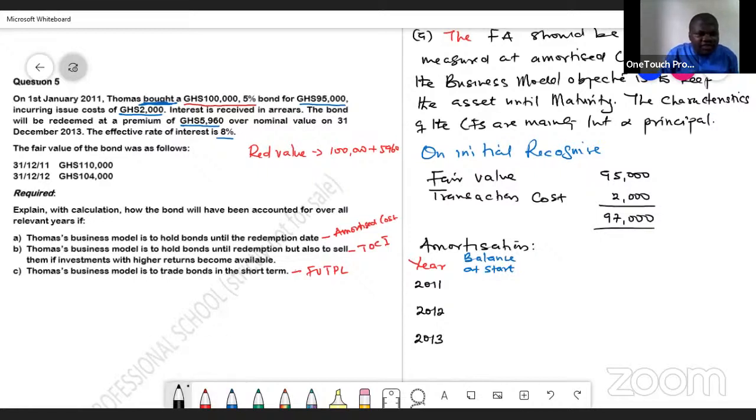We have the effective interest at 8%. The nominal interest at 5%. Then we have balance at year end.